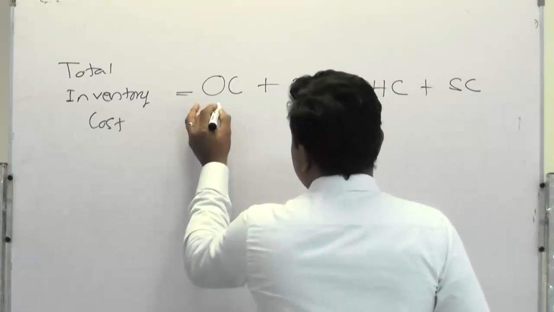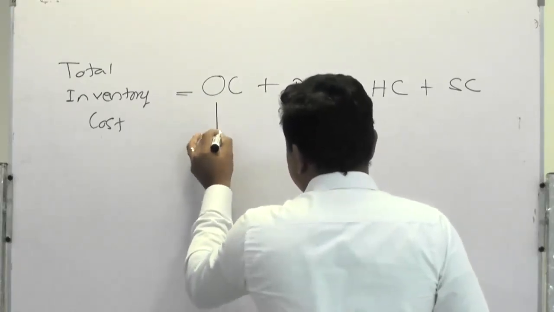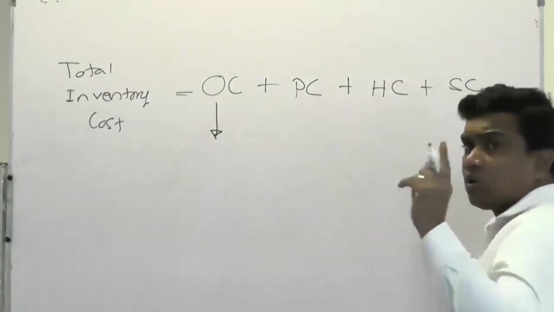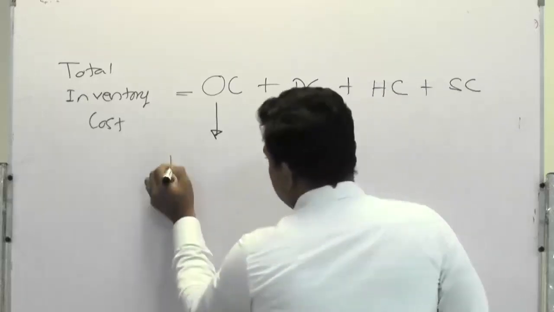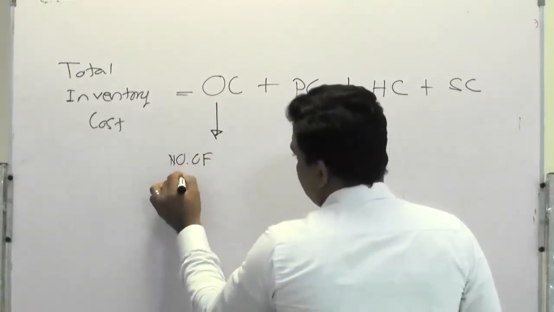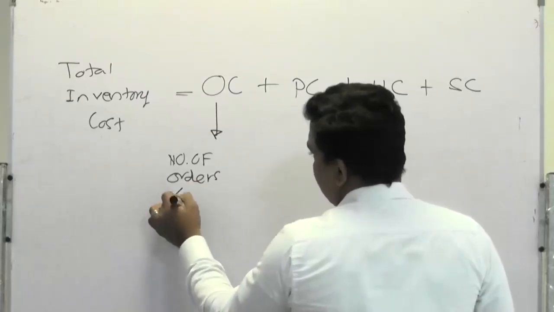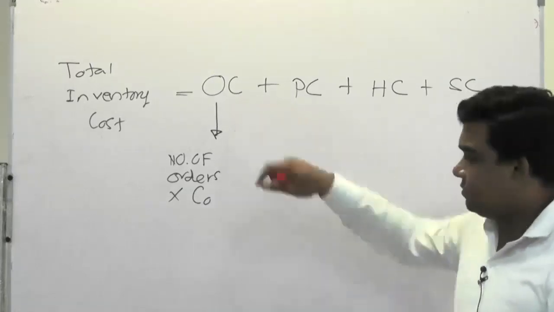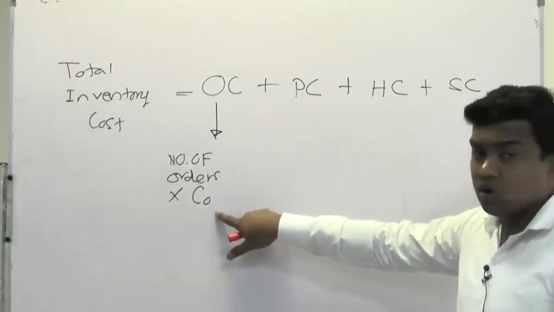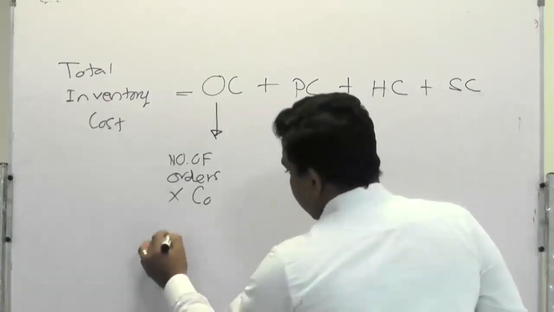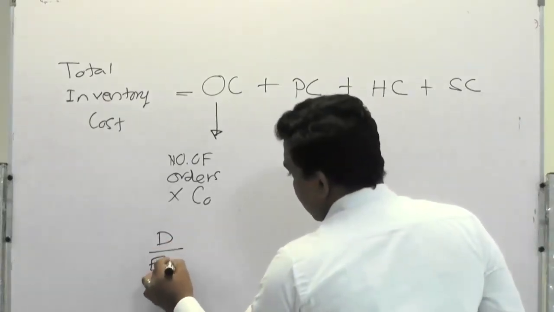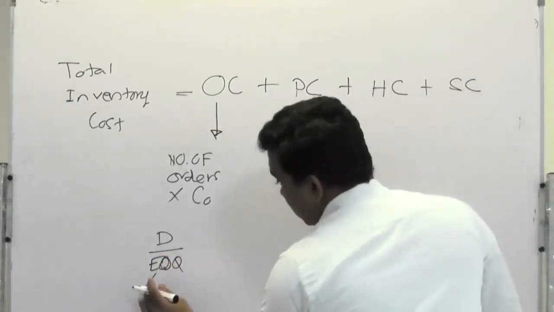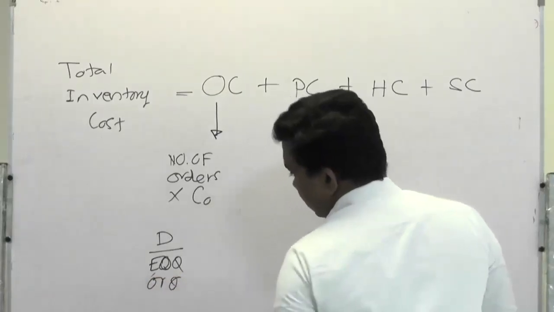Basically, total ordering cost can be calculated as number of orders into cost of an order. This is the total ordering cost per annum. Number of orders is D divided by EOQ, say Q, right?